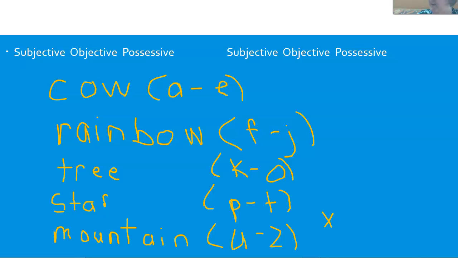Say that word with me. Xenolithic. And what it means is an igneous rock formation, which igneous rock we talked about earlier this year in our science class. Now I have to be honest, I looked that up trying to find an X adjective.